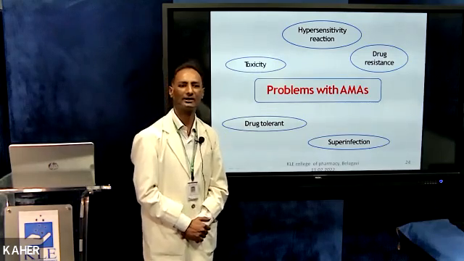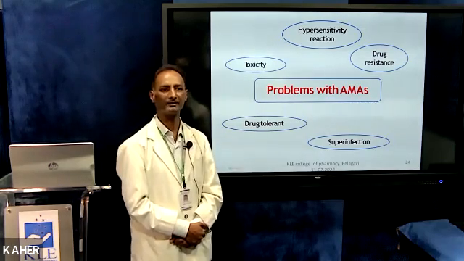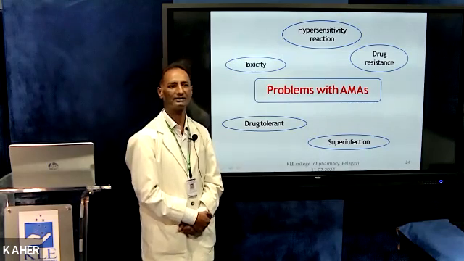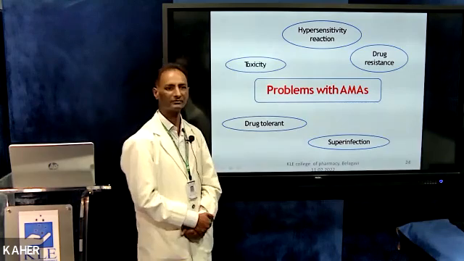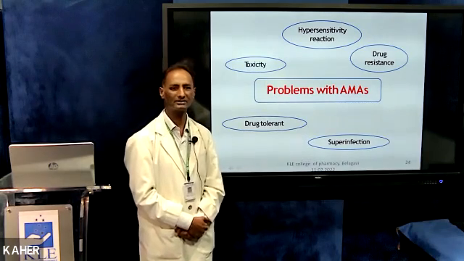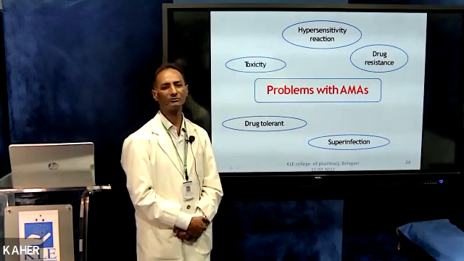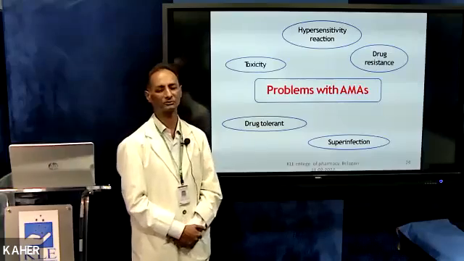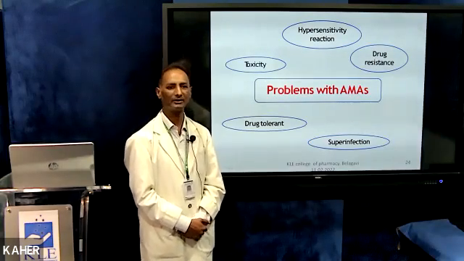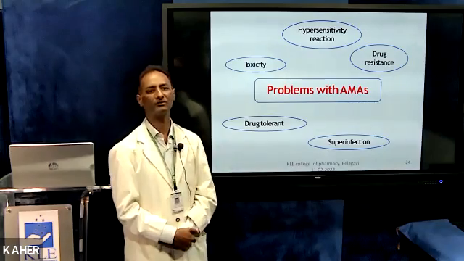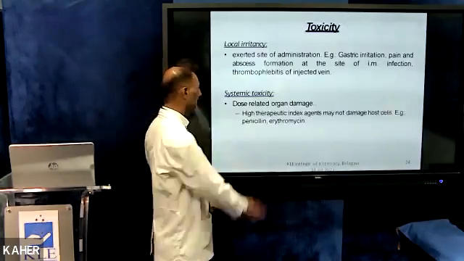Because of that, the antimicrobial target is no longer there, so they become insensitive, or resistance takes place. We'll study about that, and also drug tolerance can be produced. Along with that, certain superinfections are produced by the antimicrobial, meaning by the usage of the antimicrobial, another infection will develop. That can also be dealt with.